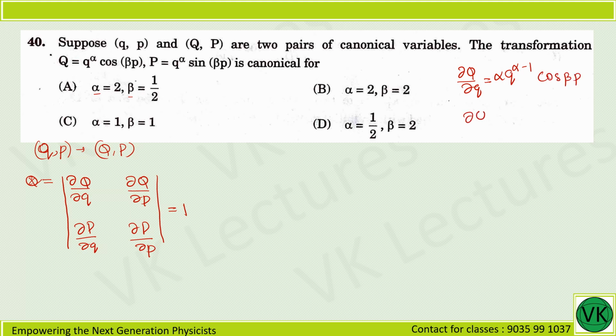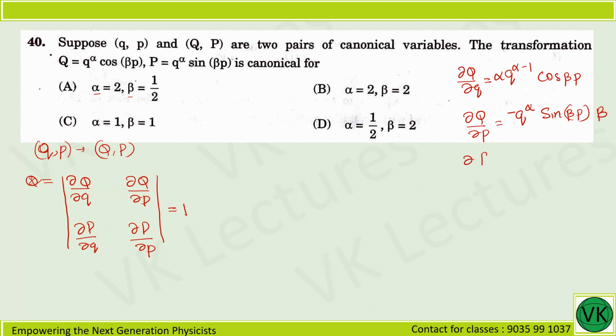And dou capital Q by dou p is q to the power alpha, cos beta p is sin beta p with a minus sign into beta.